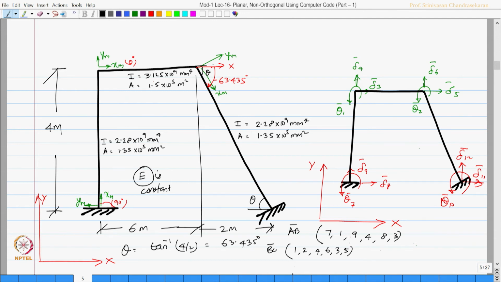For the member CD, the labels are 2, 10, 6, 12 and 5, 11, correct. So, rotations along y, along x, for each end. So, one can identify the labels.